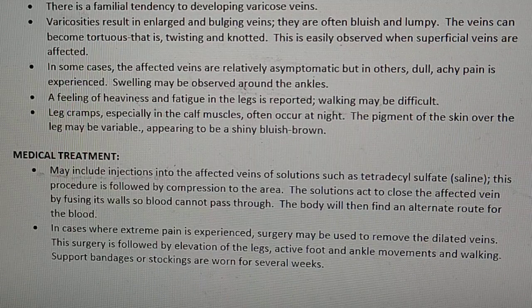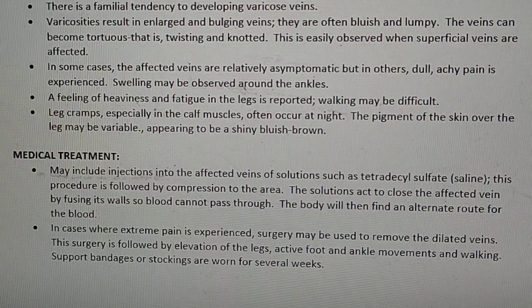This procedure is followed by compression to the area. The solutions act to close the affected vein by fusing its walls so blood cannot pass through. The body will then find an alternate route for the blood.